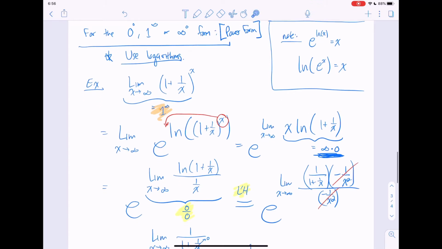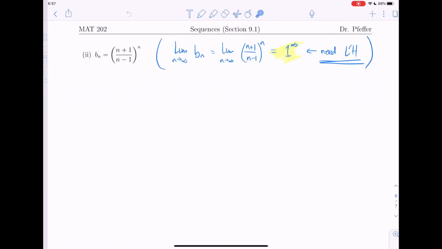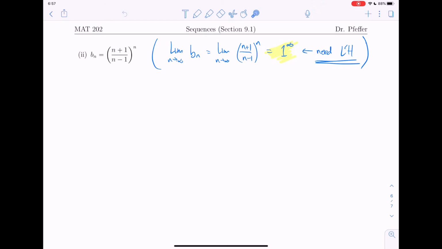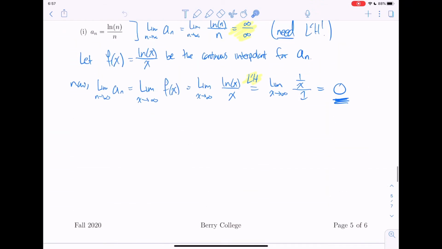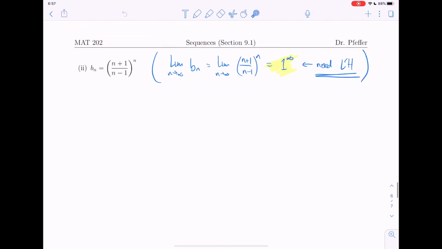So again, I'm going to use this trick, this e to the ln trick, and we're going to see how we can use it. But before I use that trick, since I want to use L'Hopital's, like beforehand, I need to pass to a continuous interpolant.